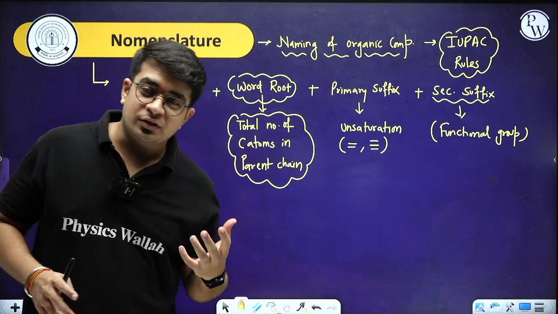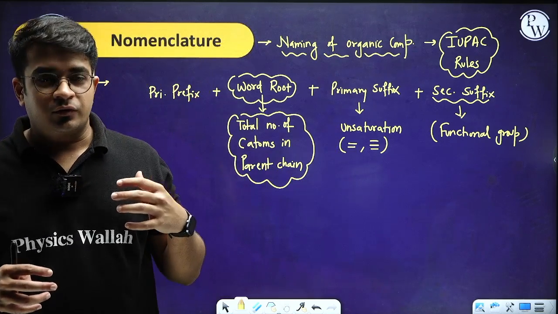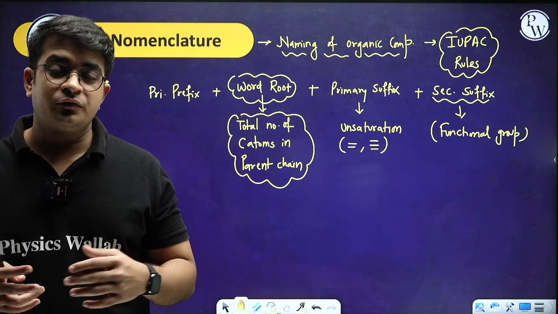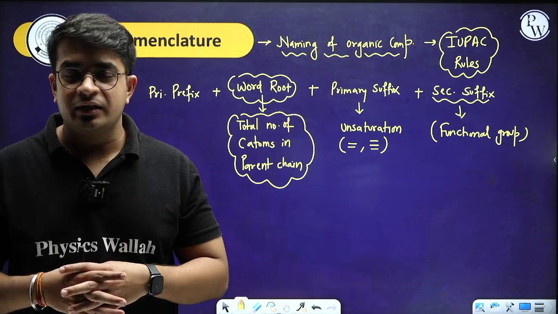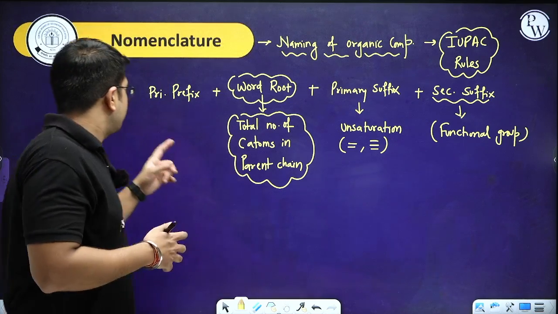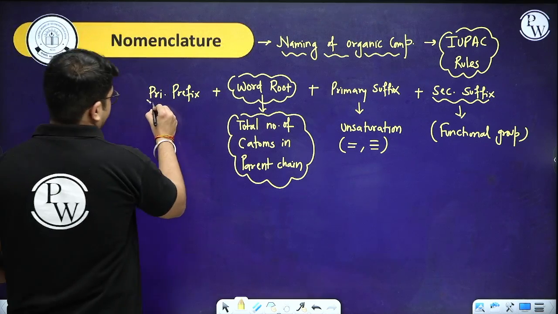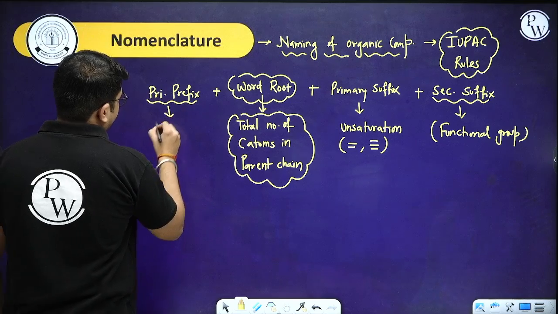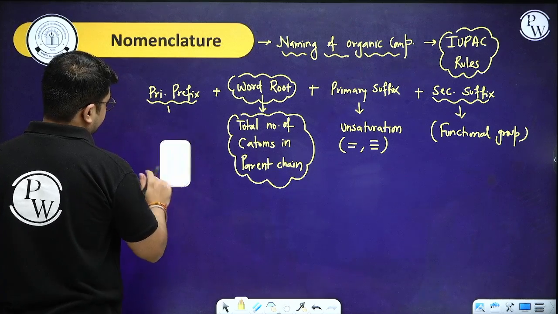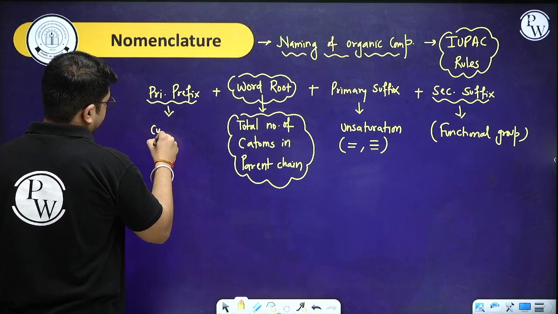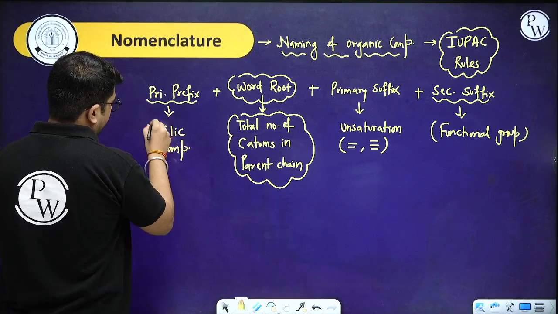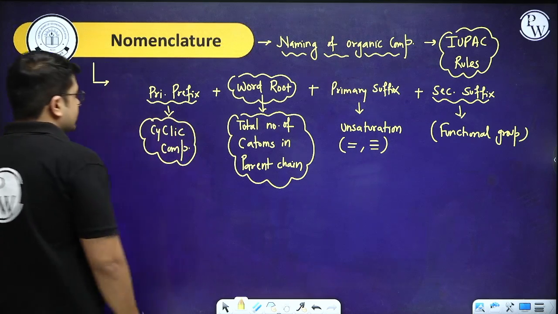If you are using the name of a particular person with proper respect, then we generally use Sir, or Shri in Hindi. That is the basic idea of the prefix part. The primary prefix differentiates between cyclic and acyclic, and it is generally used for cyclic compounds.